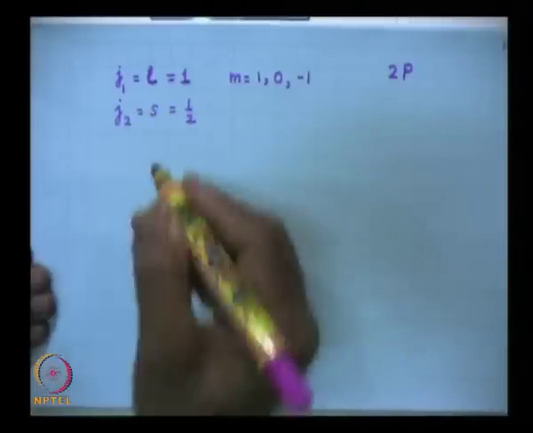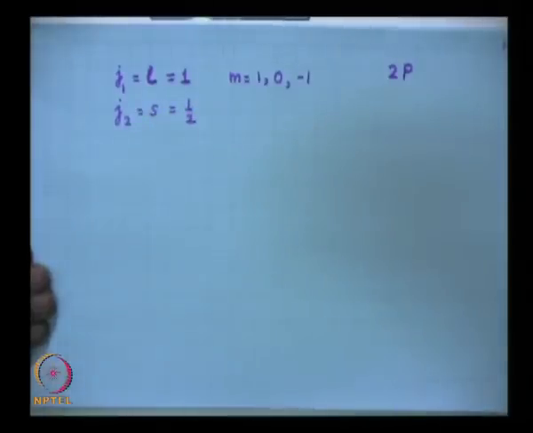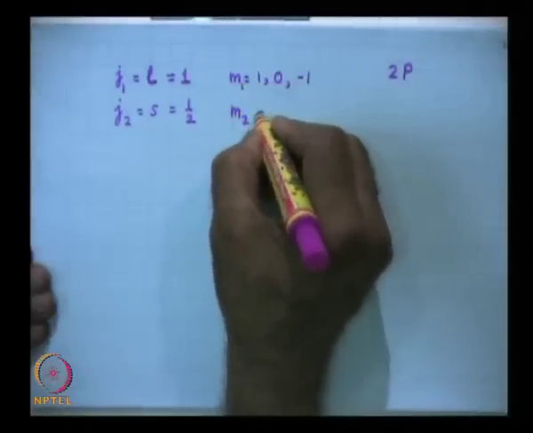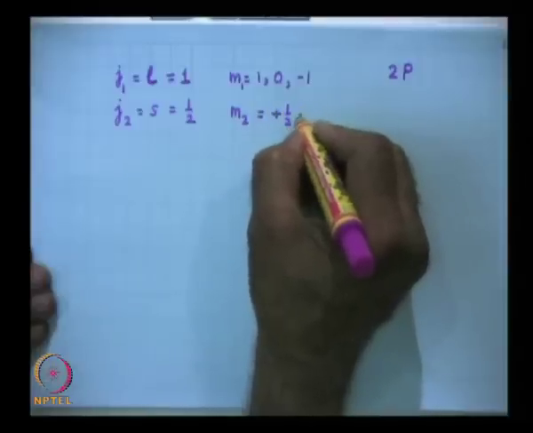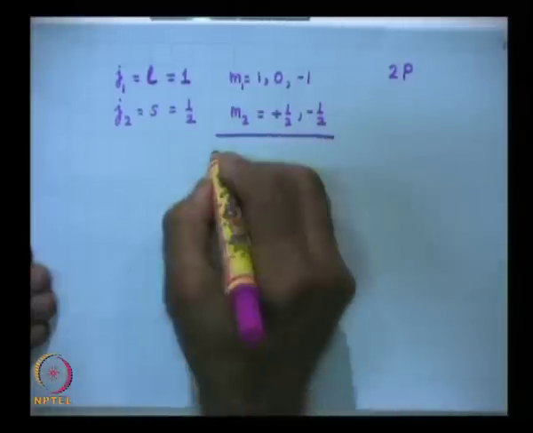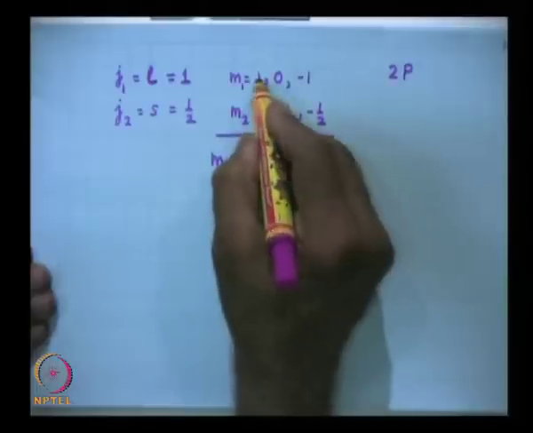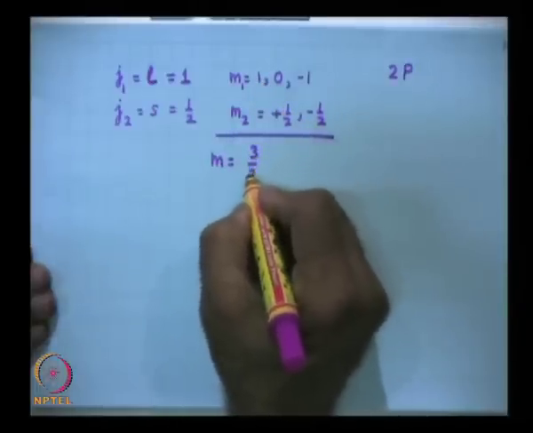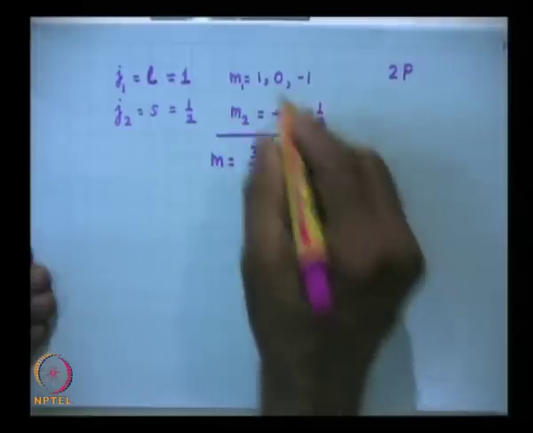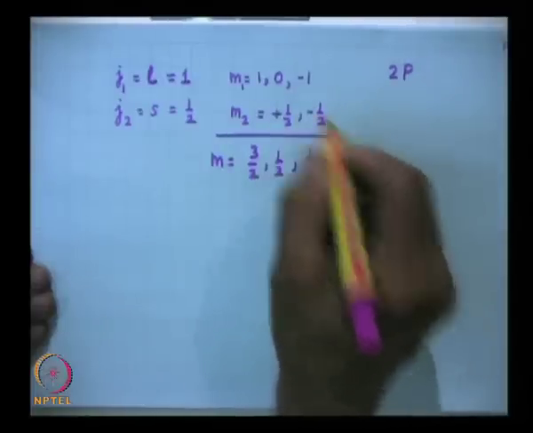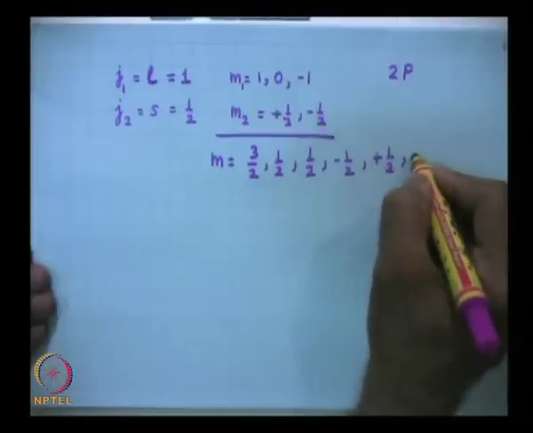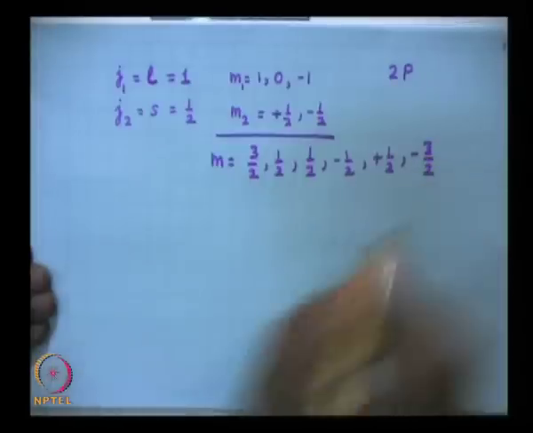This is the spin orbit interaction, and then this is M1 and this is M2, which is equal to plus half and minus half. So, what are the possible values of m? So, please see 1 plus half, that is 3 by 2, 1 minus half, that is half, 0 plus half is half, 0 minus half is minus half, minus 1 plus half is minus half, minus 1 minus half is minus 3 by 2.